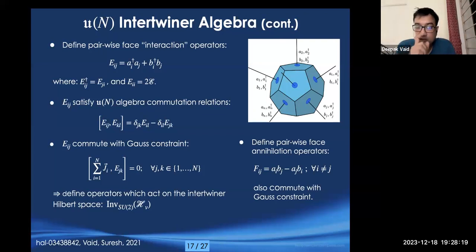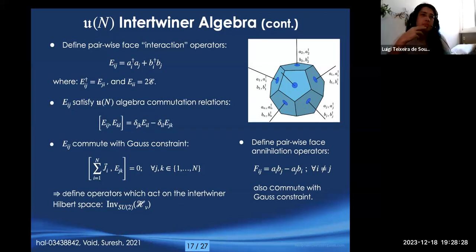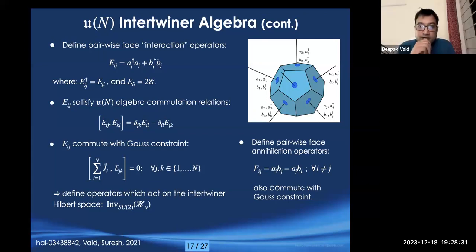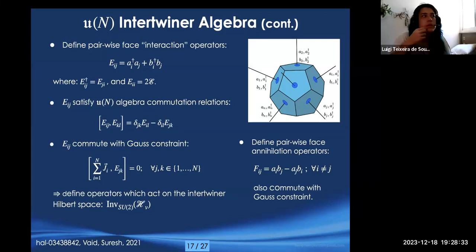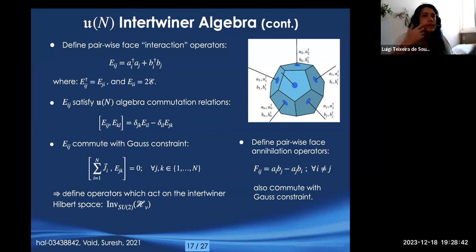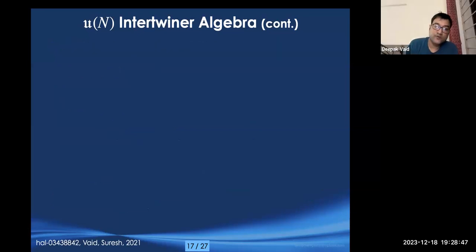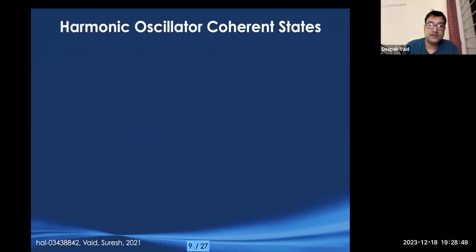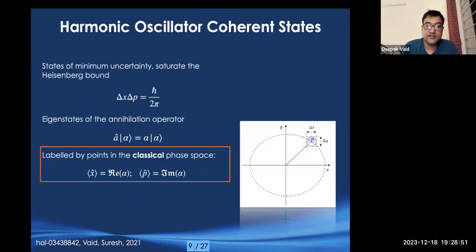Okay, let me interrupt your chain of thought. Again, what are we trying to do here? What's the big picture? Coherent states. For coherent states, what do you need? You need annihilation operators and something else? Let me go back to the harmonic oscillator coherent state.